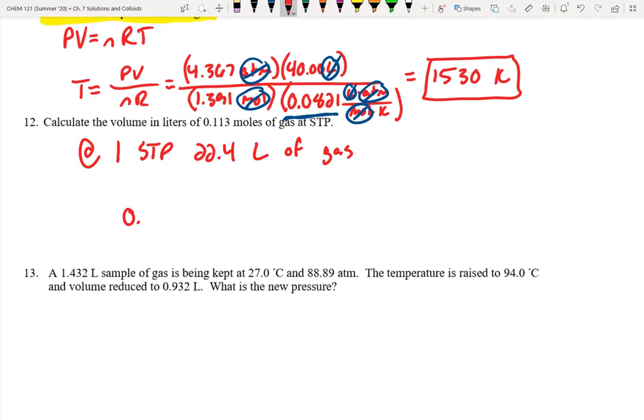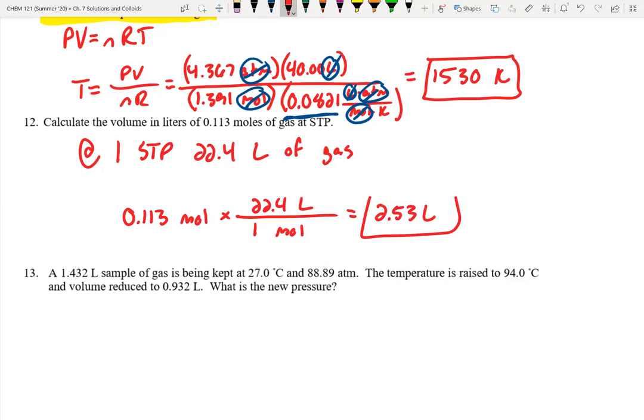So if we have 0.113 moles, we know that for every 1 mole, there's 22.4 liters. We should be able to solve this really quickly. Our answer should only have 3 sig figs, so this should be 2.53 liters for our final answer there.